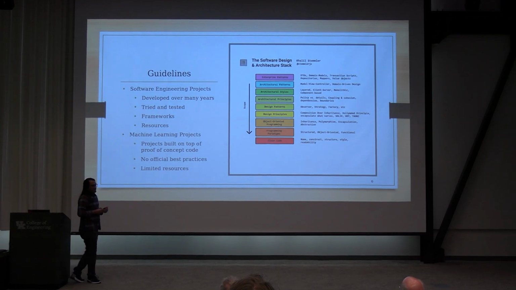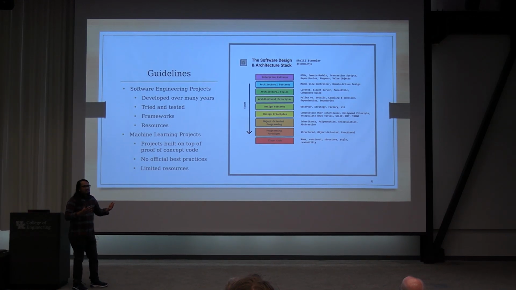So normally, if you are a software engineer, you have a lot of guidelines. They tell you what you should do. You have senior members working with you who say, okay, follow this pattern, structure your data, do things in a certain way. So there are lots of different patterns, as you can see in the picture over here. I don't want to go into too much detail in describing them.